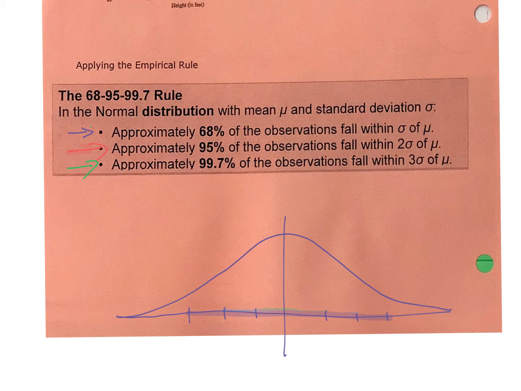Okay? So here's the deal. The reason why I'm bouncing back and forth between these two is because I think visually it helps you to see the empirical rule on the top page where you see that 68, 95, 99.7. But we also need to figure out what that means for each individual slice here. Like this slice and this slice and this little slice here and this little slice here.